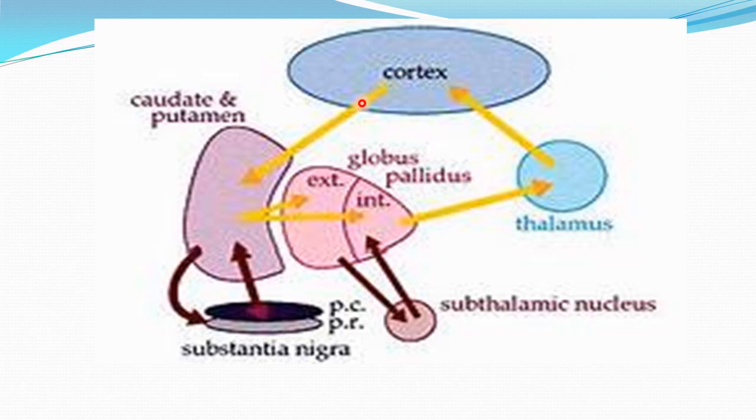Another pathway is from cortex to putamen, putamen to globus pallidus externus. From globus pallidus externus, it passes to the subthalamic nucleus.